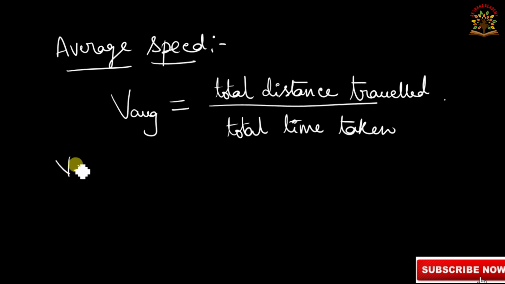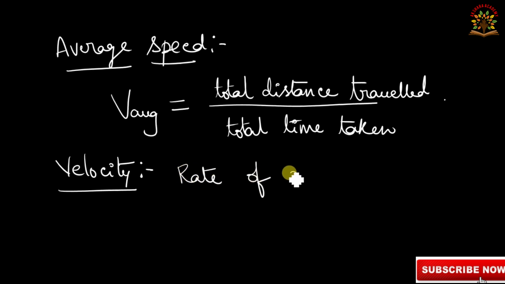Next, till now what we discussed: what is speed, uniform speed, non-uniform speed, average speed. Now let us discuss velocity. The simple definition for velocity is rate of displacement is known as velocity.